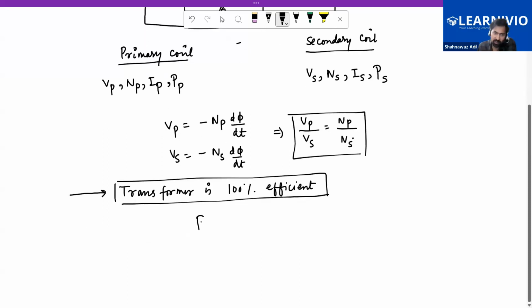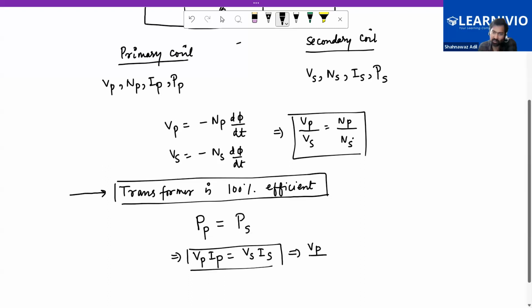Whatever power is generated in the primary coil would be equal to the power in the secondary. So Vp Ip would be equal to Vs Is. So we get Vp by Vs equal to Is by Ip. This is the condition that we get for a 100% efficient transformer.